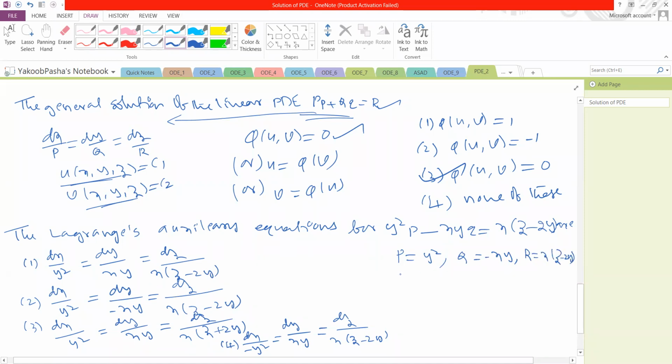Lagrange's auxiliary equations are dx by P, that is y square, equal to dy by Q, that is minus xy, equal to dz by R, that is x into z minus 2y. This is the right option. So the second option is the right option.